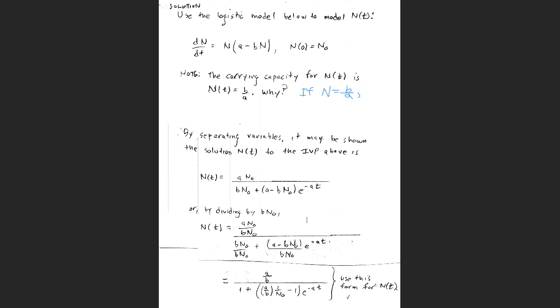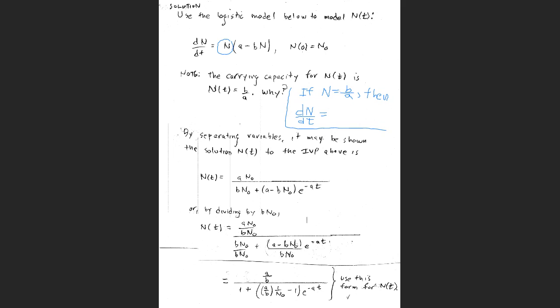If N equals B over A, when that happens, if the number of people who've seen the ad is equal to this value of B divided by A, then what can you tell me about dN/dt? What does dN/dt equal?